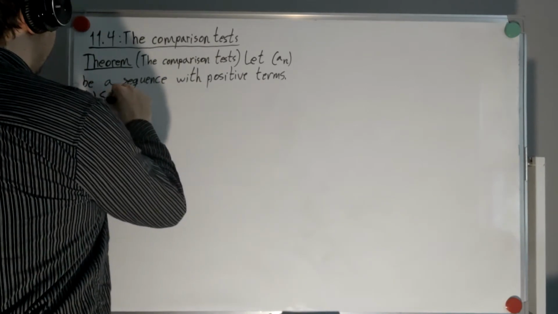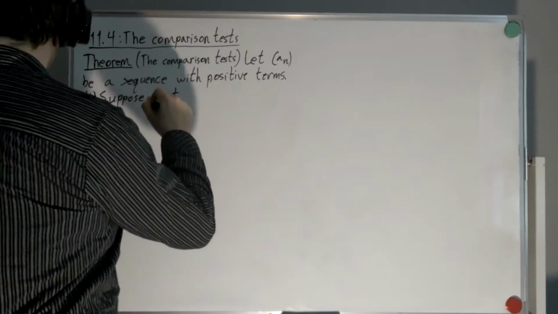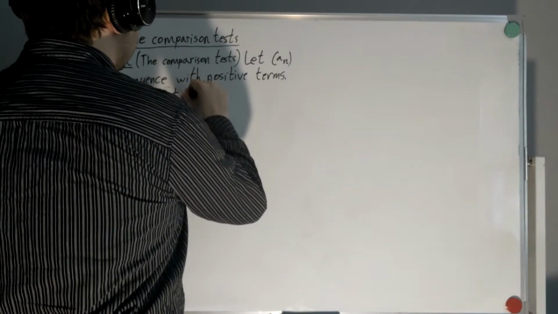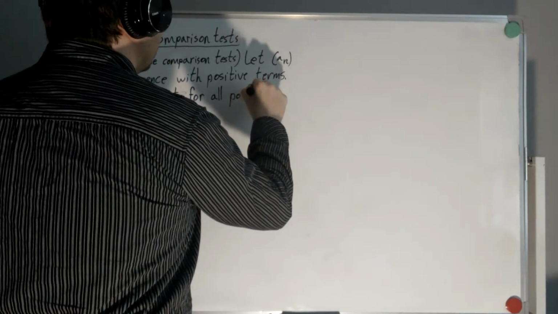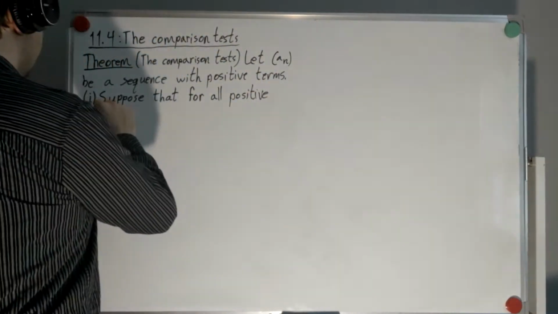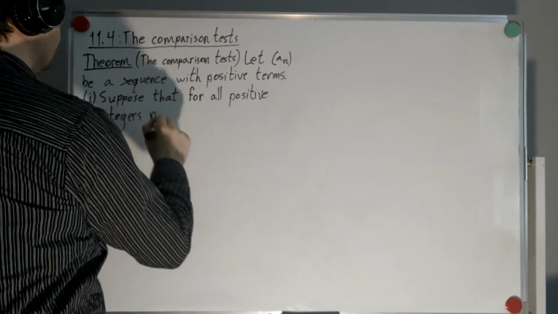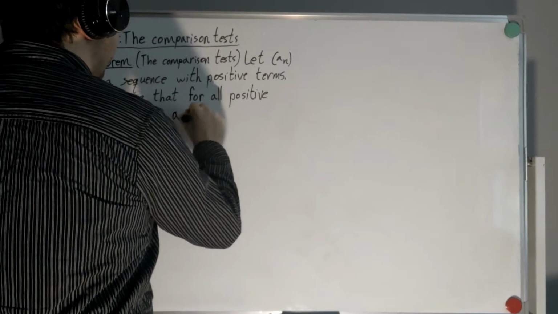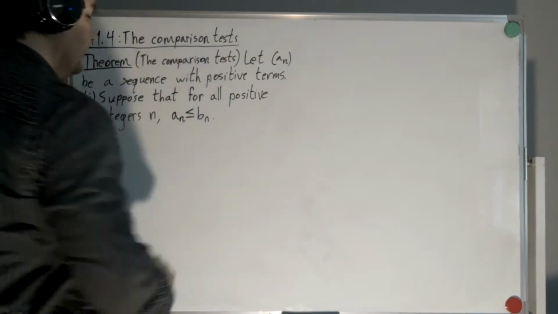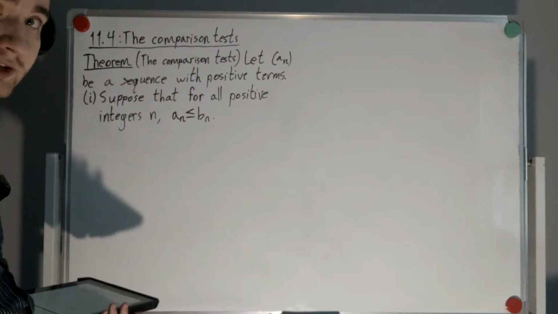First part says, suppose that for all positive integers n, an is less than or equal to bn. So we'd say that an is bounded above by the sequence bn.